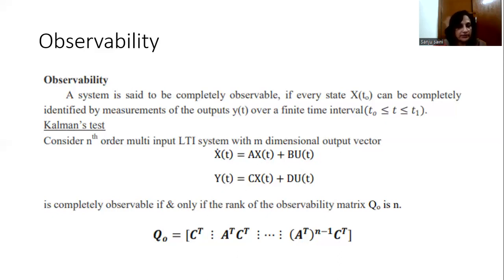So from this brief video, you have come to know that from the state variable model, we can easily get the eigenvalues and eigenvectors, which help in deciding the stability of the system.